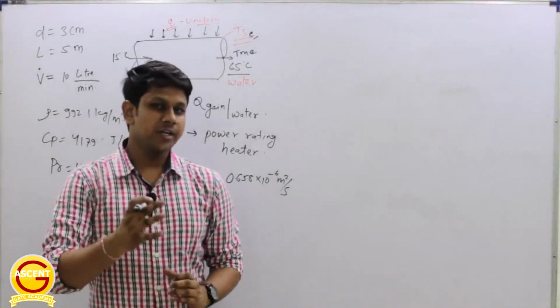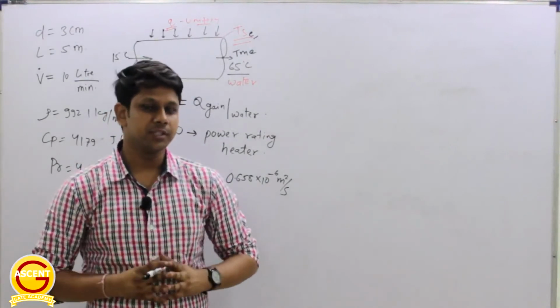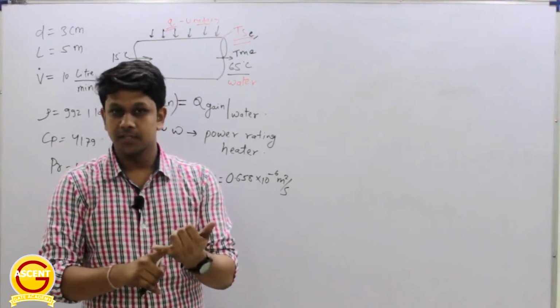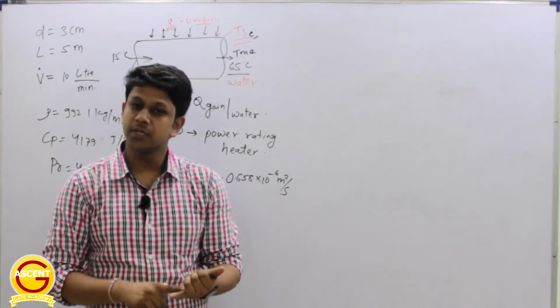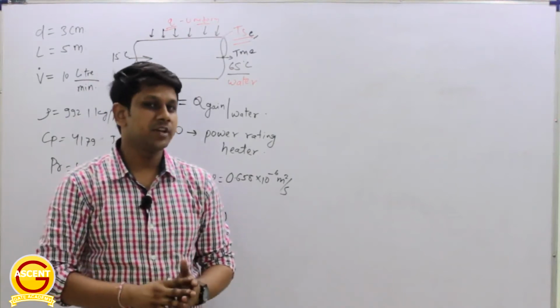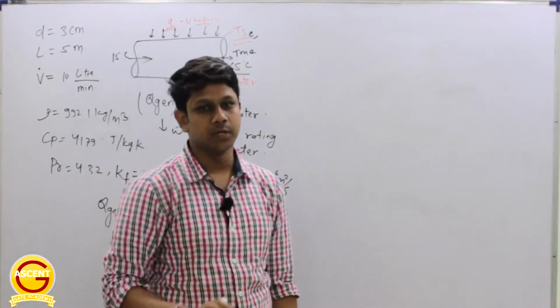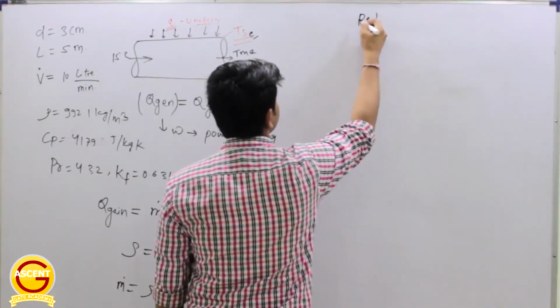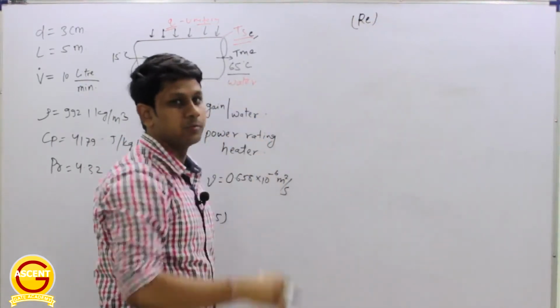So now we already know how to calculate the heat transfer coefficient. First job is to calculate the Nusselt number, and to calculate Nusselt number we should know the equation of Nusselt number, and for that we have to identify whether this flow is laminar or turbulent.